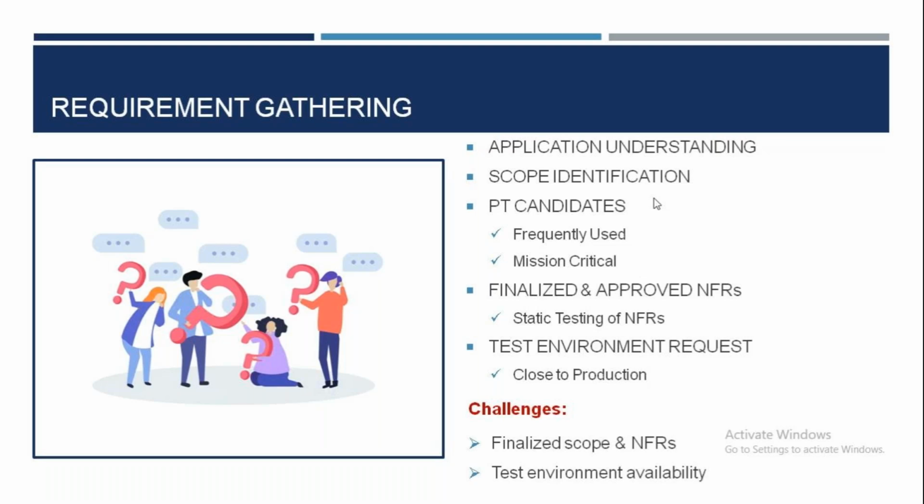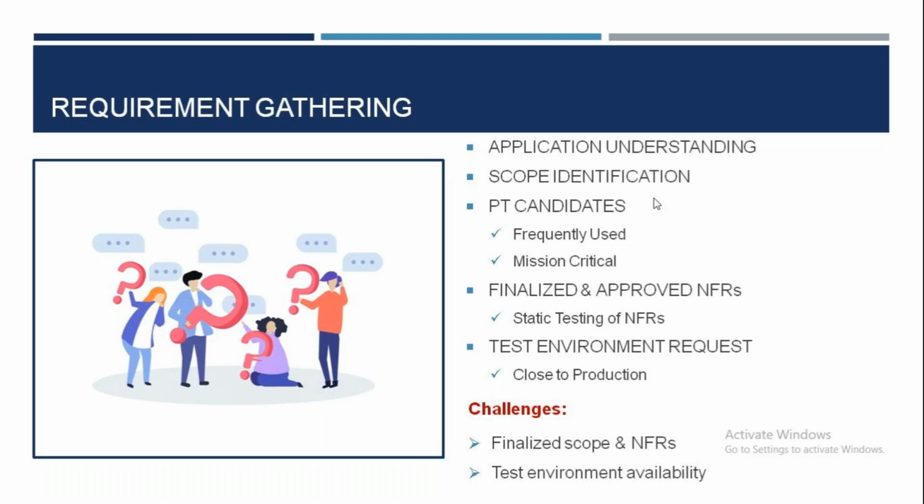Most of the times you will be asking for the finalized scope, meaning a finalized list of scenarios and a finalized list of NFRs, but you won't get it. Many times it happens that you will not get the finalized scope or the finalized list of NFRs.